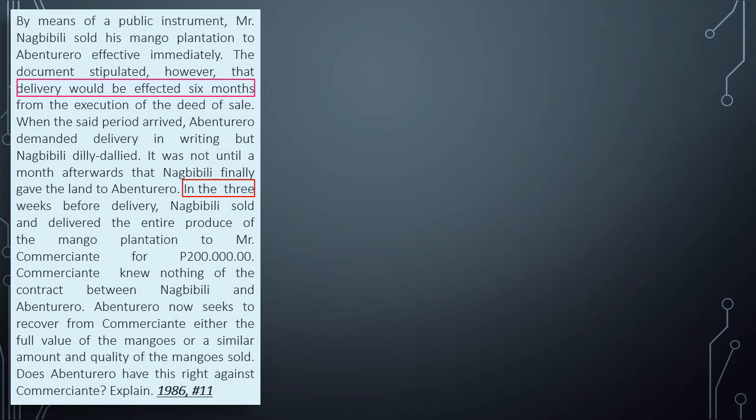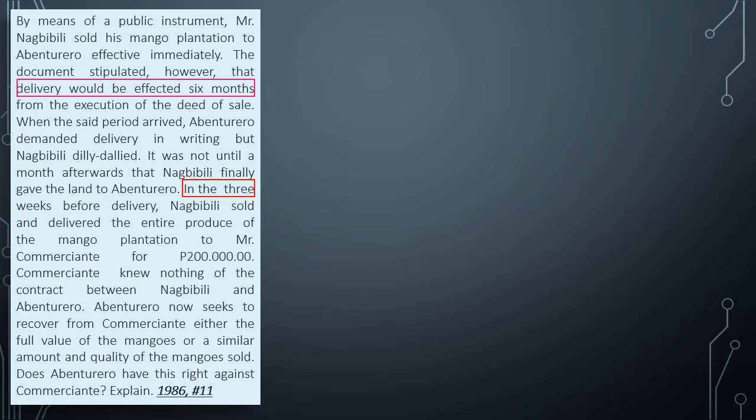If it is a personal right, it only establishes a legal relationship between Nagbibili and Abenturero. Therefore, if it is a personal right, he can only enforce it against the other party to the contract. In this case, Abenturero can only enforce it against Mr. Nagbibili.